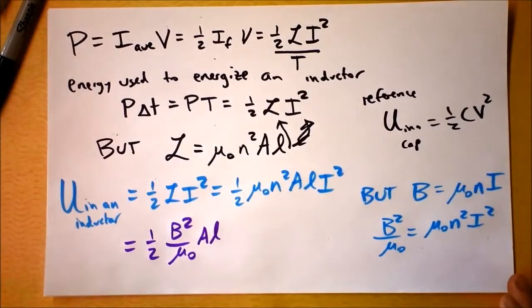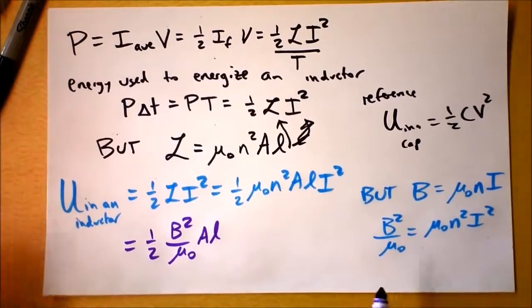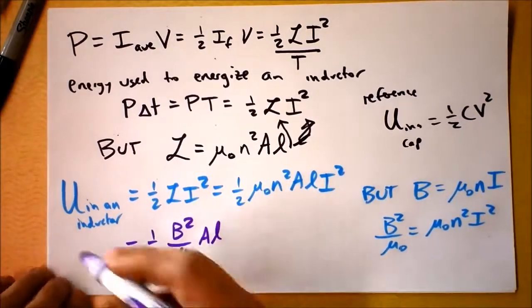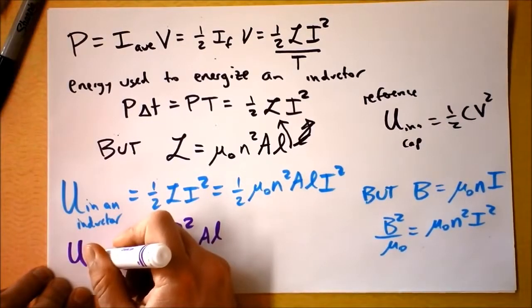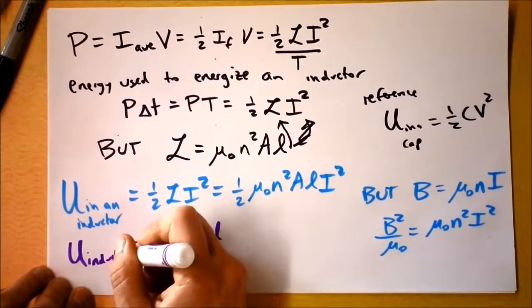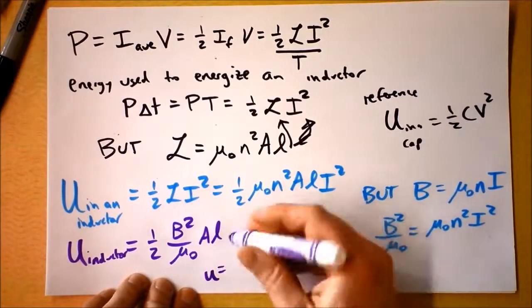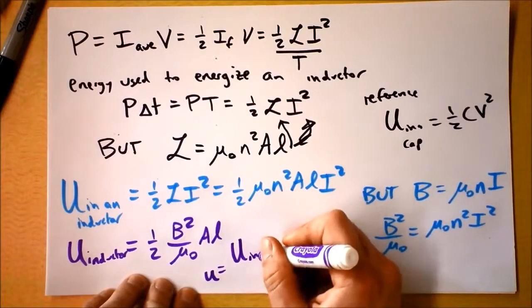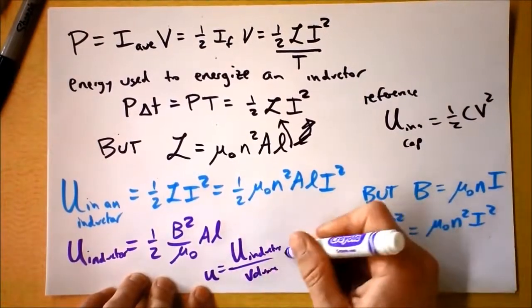Just as we did for a capacitor, we can investigate not just the energy stored in an inductor, but the energy density stored in an inductor. So this is the energy in an inductor, and then lower case u is the energy divided by volume, because it's energy density.